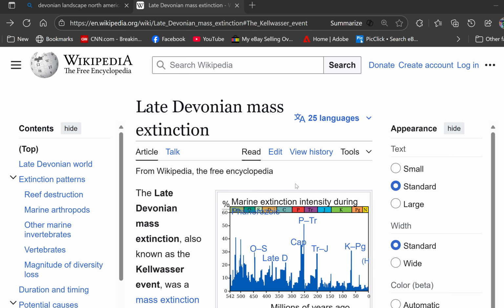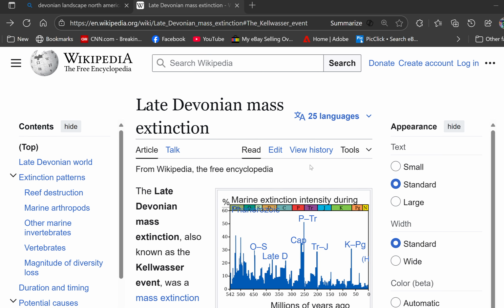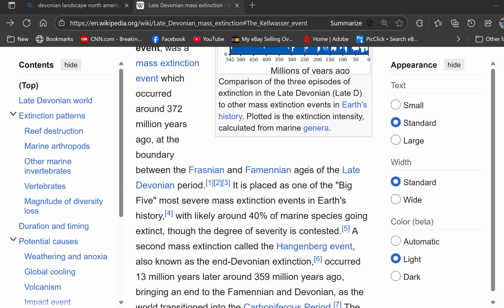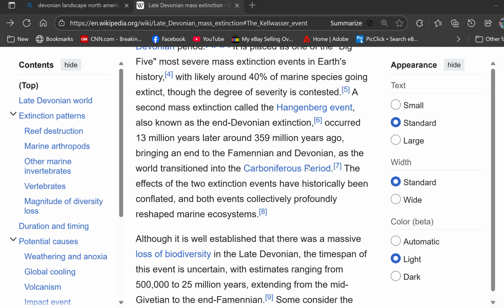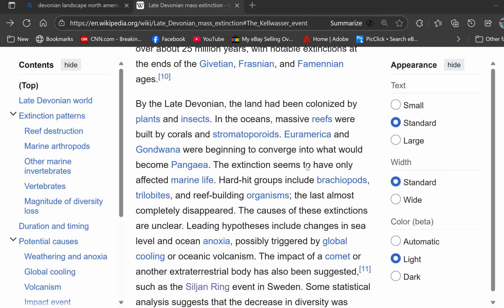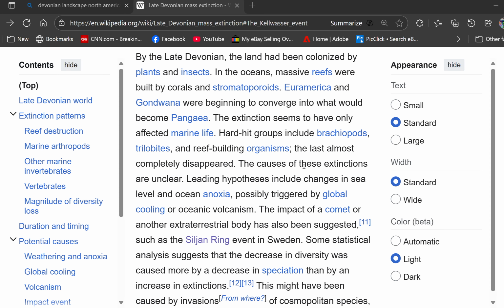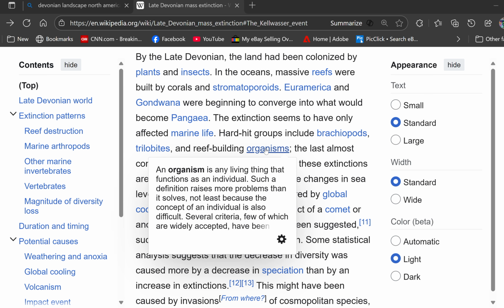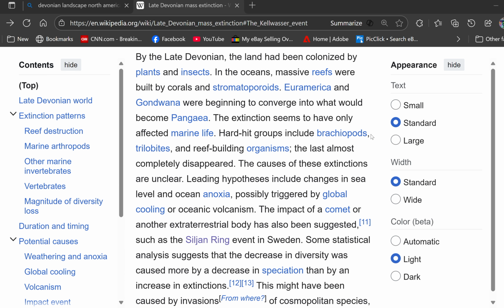So just looking at the extinctions, which were at the end, I come upon what was already known. Like I say, I'm not trying to convince anybody of the Alamo asteroid impact, but the extinction seems to have only affected marine life. Hard hit groups, and so on.